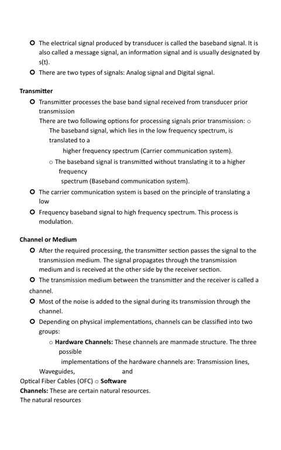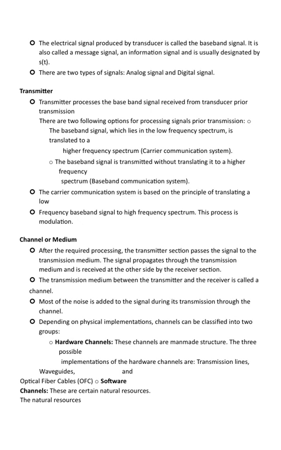In the baseband communication system, the baseband signal is transmitted without translating it to a higher frequency spectrum. The carrier communication system is based on the principle of translating a low frequency baseband signal to a high frequency spectrum. The process is modulation.